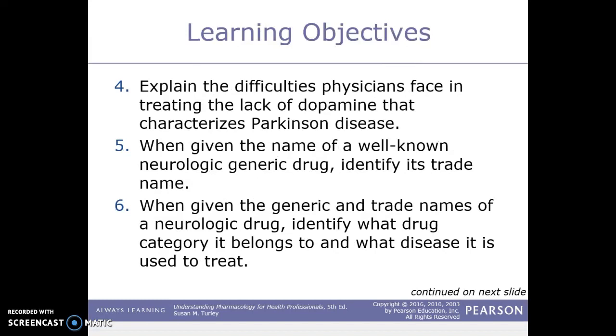In addition, you're going to look at some of the difficulties that physicians face in treating the lack of dopamine that is part of Parkinson's disease. And then you need to learn some of these brands and generics. So if you're given the generic, what's its trade name, and so on. Knowing what category they fall into and what disease state it's used to treat is also going to be important going forward, which is why you're doing those drug tests as well.